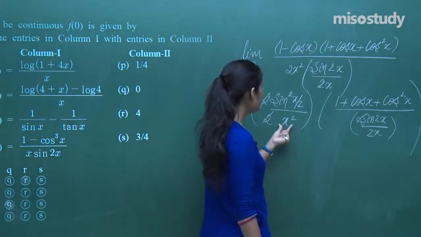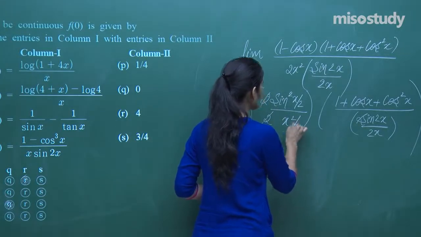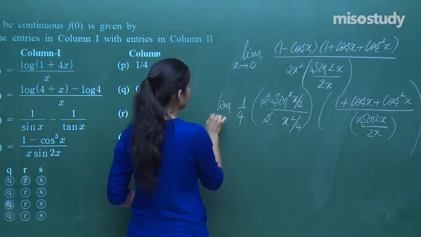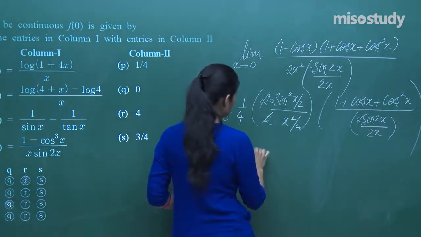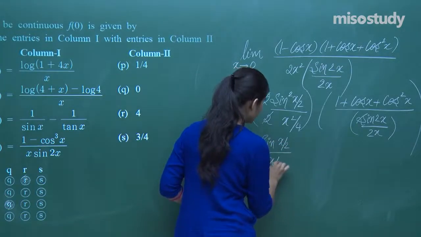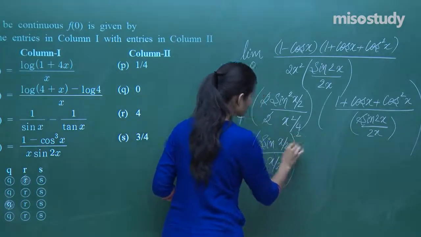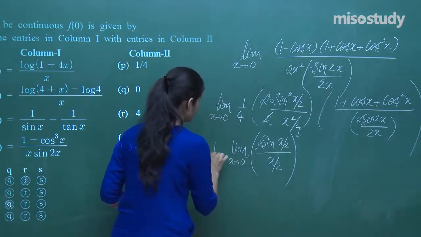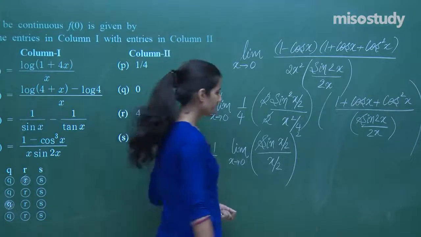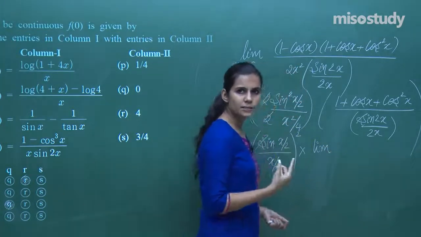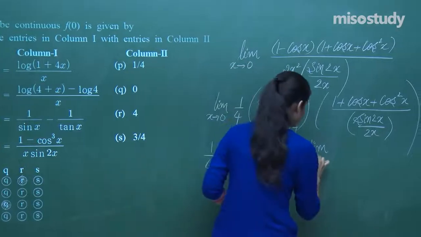Now here also I want x by 2, so I'll just divide by 4 and multiply by 4, or basically take it over here. Now I'm left with sin x by 2 upon x by 2 whole square, limit as x approaches 0, 1 by 4 is outside. And here again you know limit of the product is product of the individual limits.